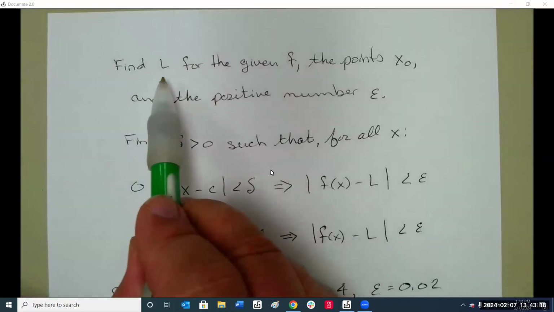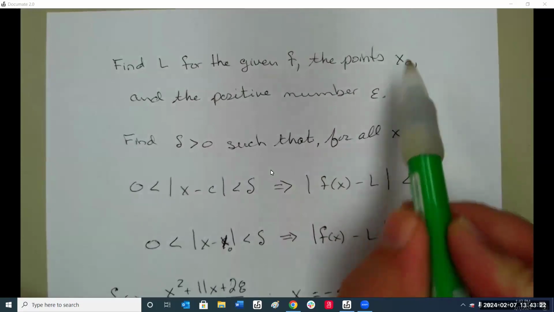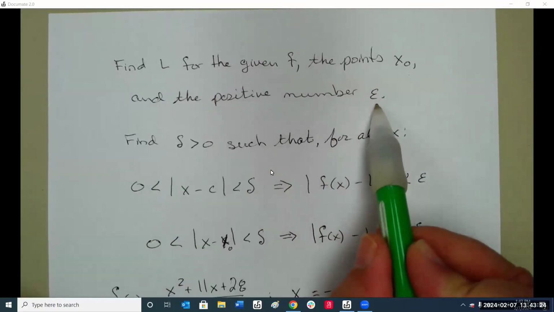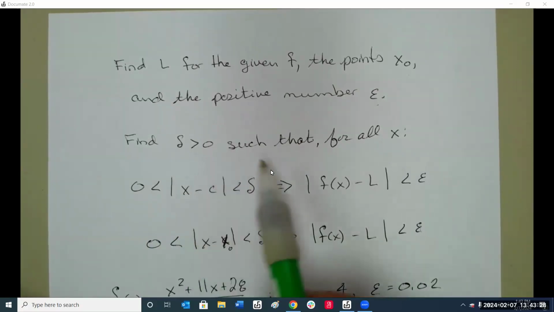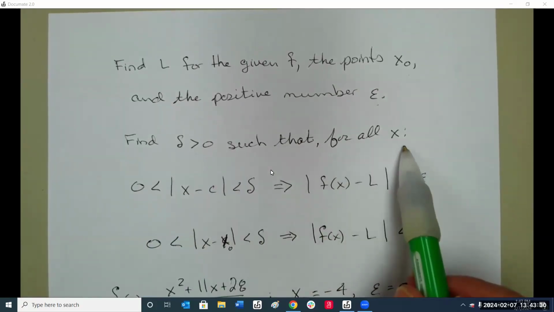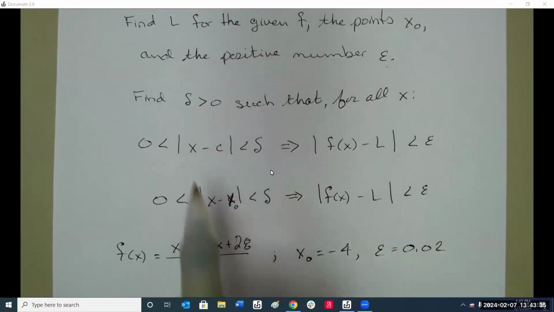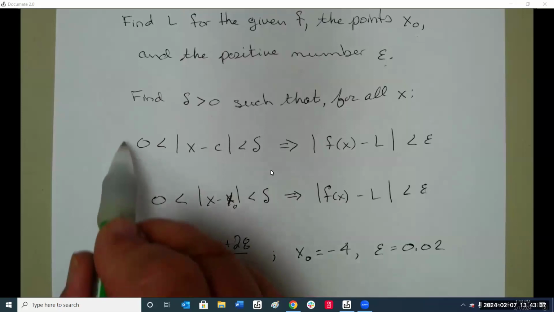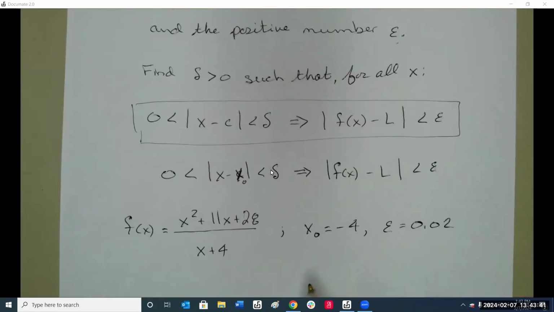It said, find L for the given f, the point x sub 0, and the positive number epsilon. Find delta greater than 0 such that for all x, 0 is less than the absolute value of x minus x sub 0, this is where it came from, the original one. We do an epsilon-delta proof.